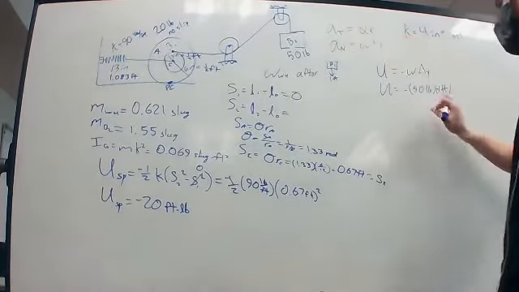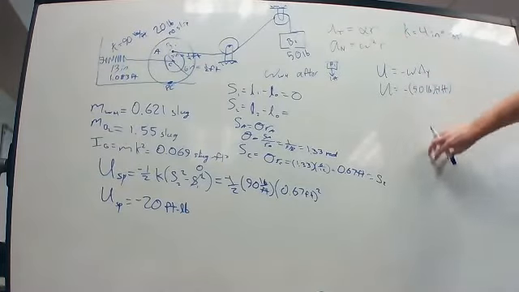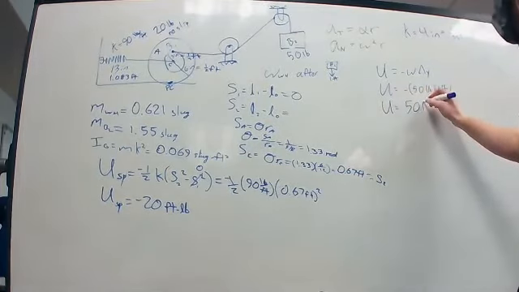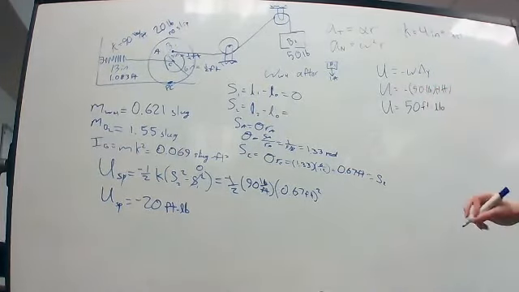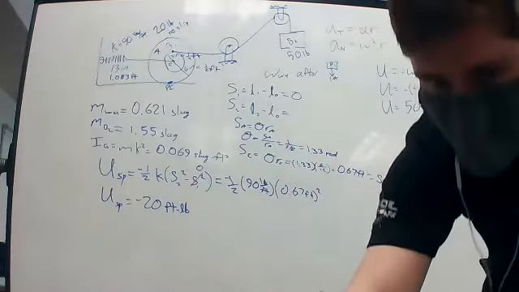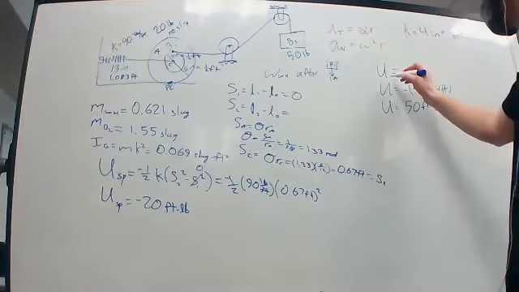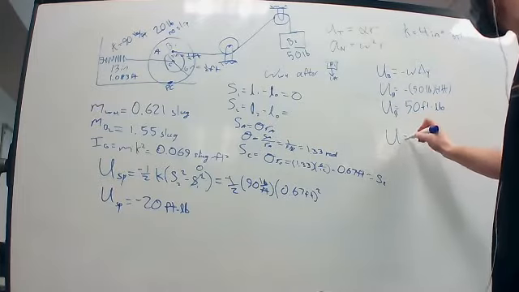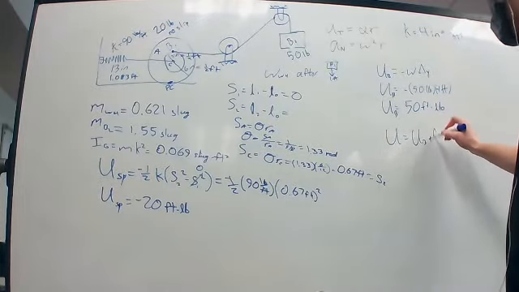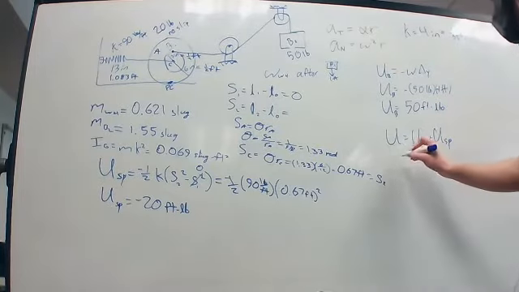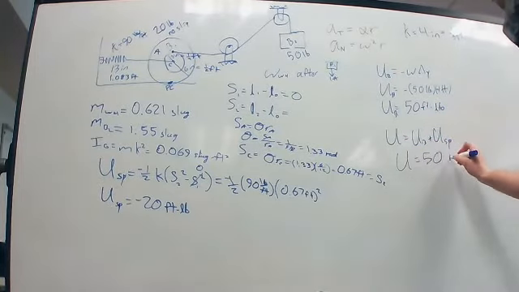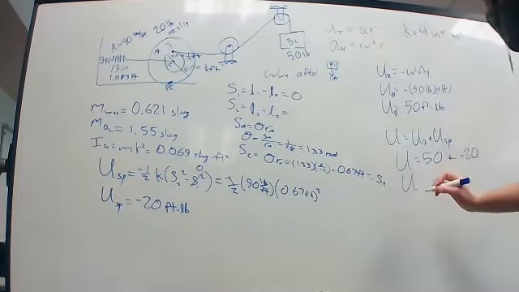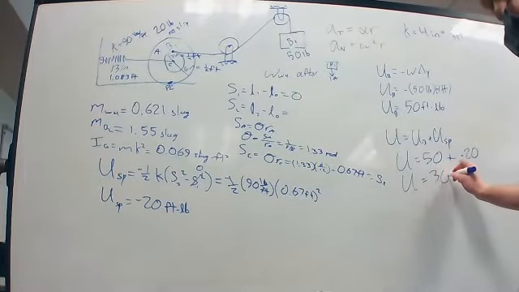If it were moving up, we would say 1 foot, but because the relative motion is down, we say minus 1 foot. So U comes out to be 50 foot-pounds, and that's for the block. So total work U is going to be the block plus the spring. So that's going to be equal to 50 plus minus 20. So total work is 30 foot-pounds.